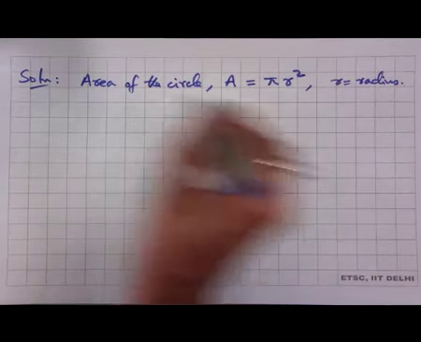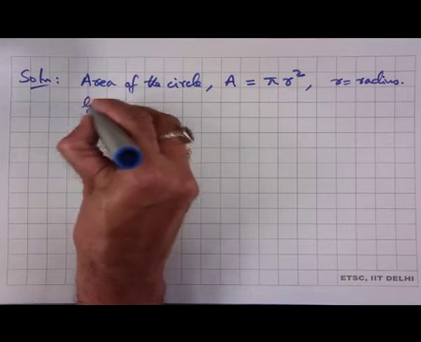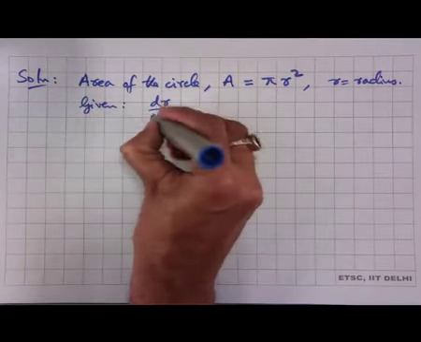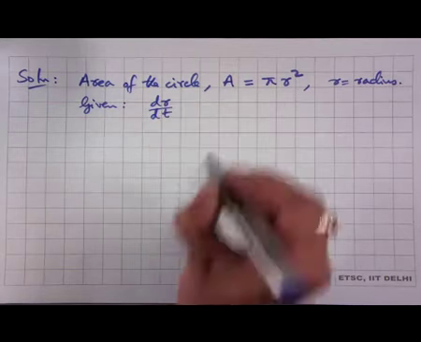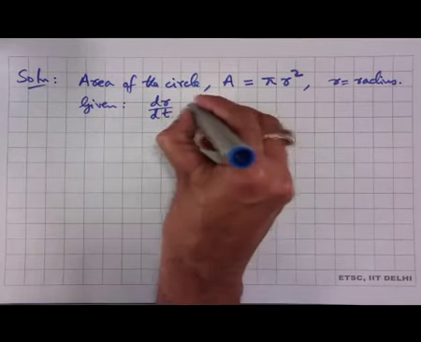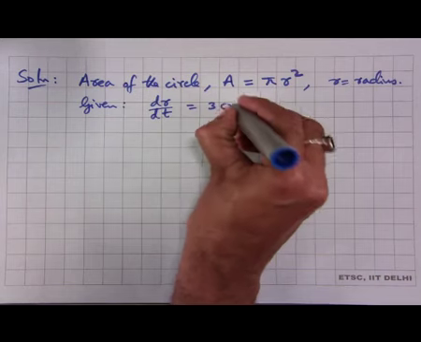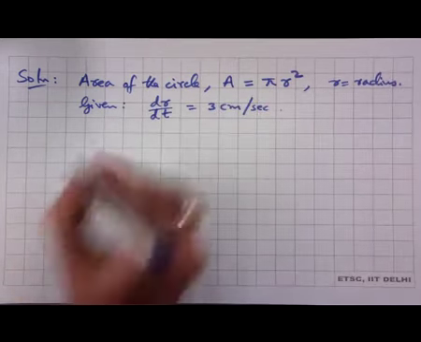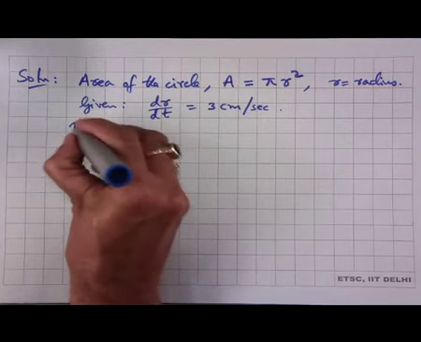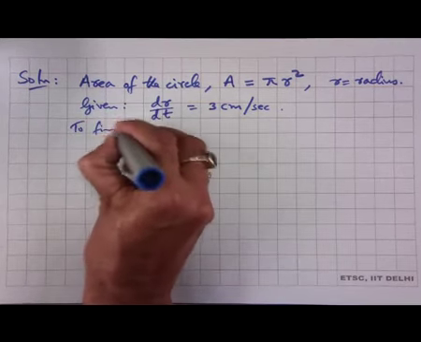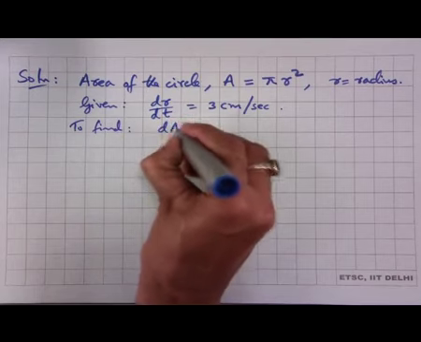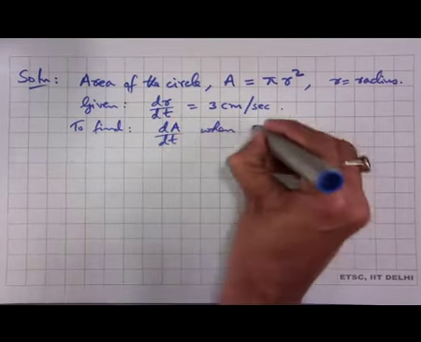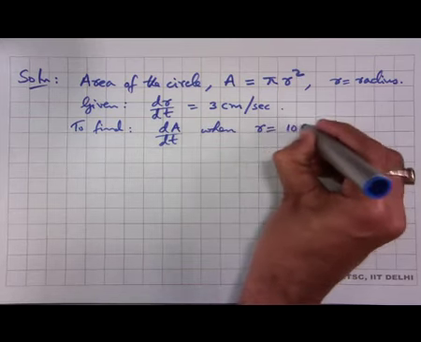And what is given is that the rate at which radius is increasing, dr dt, is equal to 3 centimeter per second, and what we have to find is dA dt when r is equal to 10 centimeter.